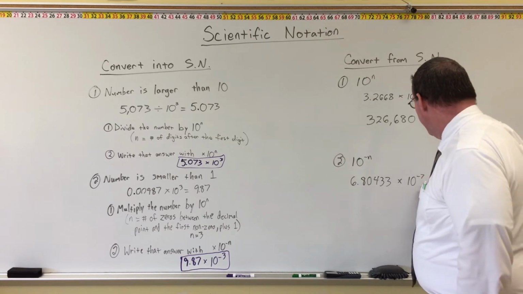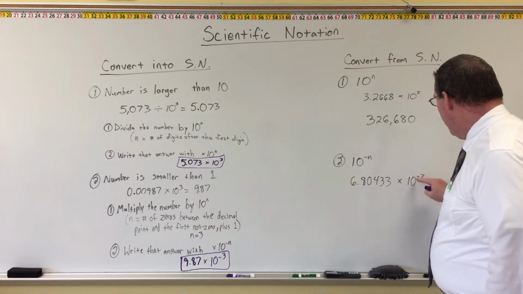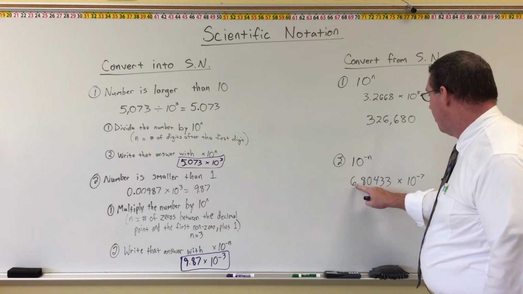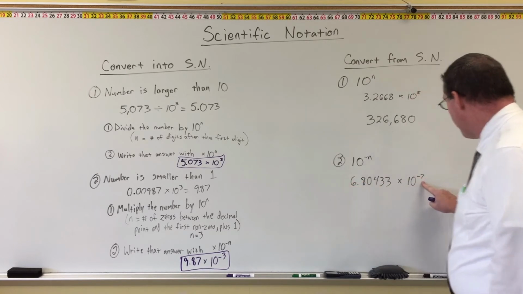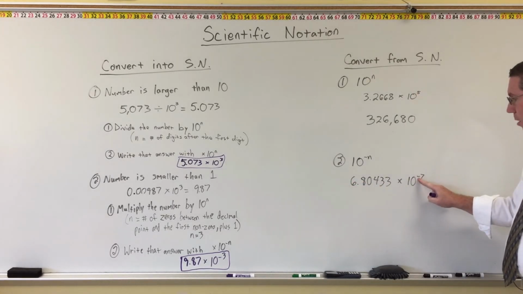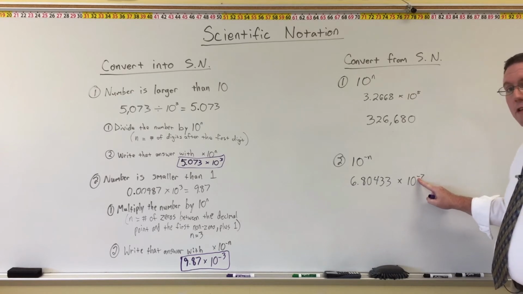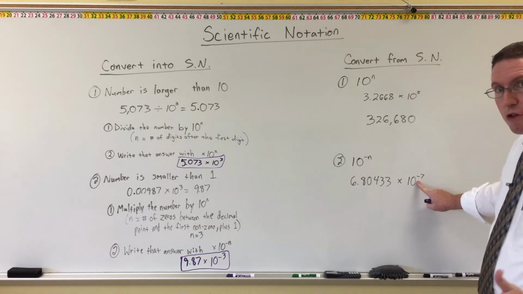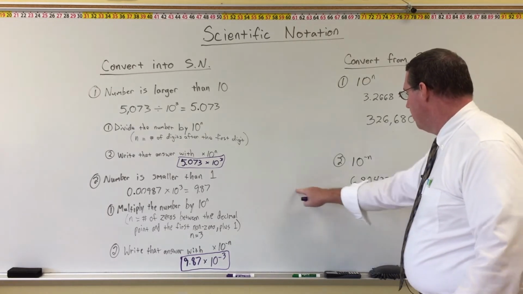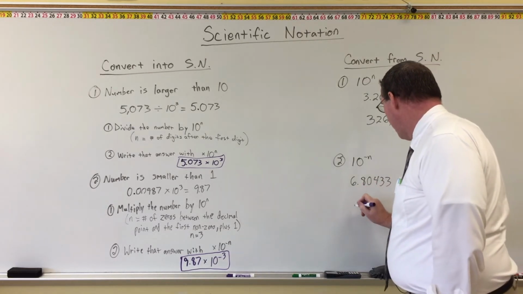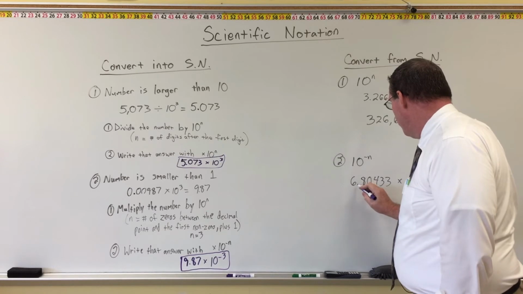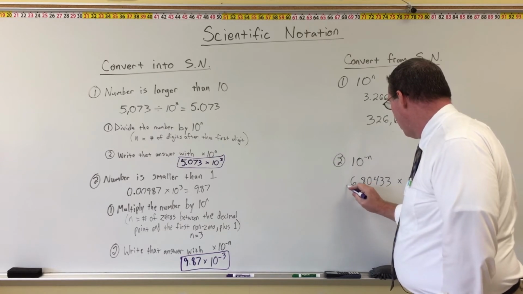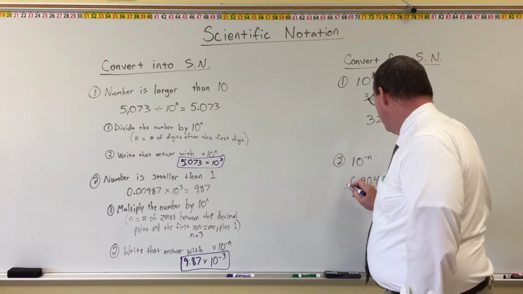Basically, what you're going to need to do is move this decimal point to the left 7 places. See, this negative symbol means that the number is becoming smaller. And a number always becomes smaller when the decimal point moves over to the left. Okay? And so we would move this decimal point over 1 place, then 2 places.